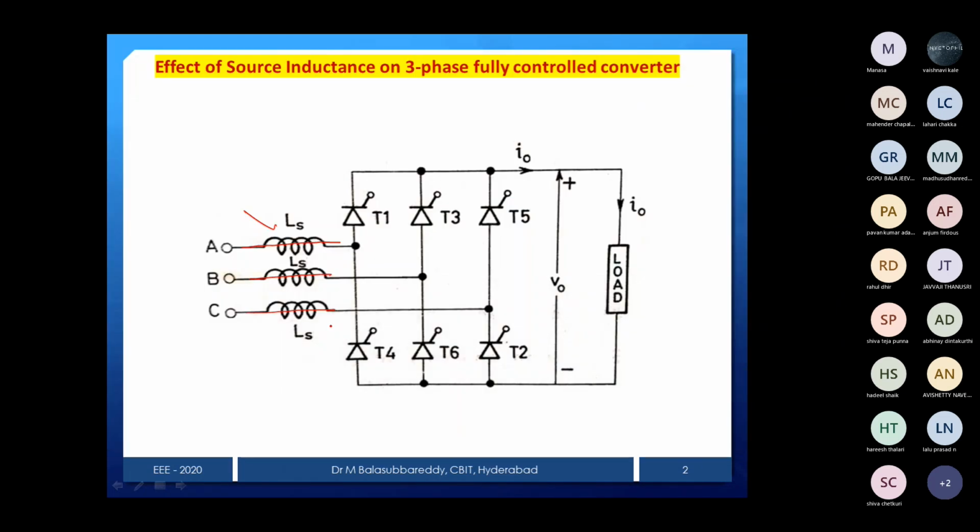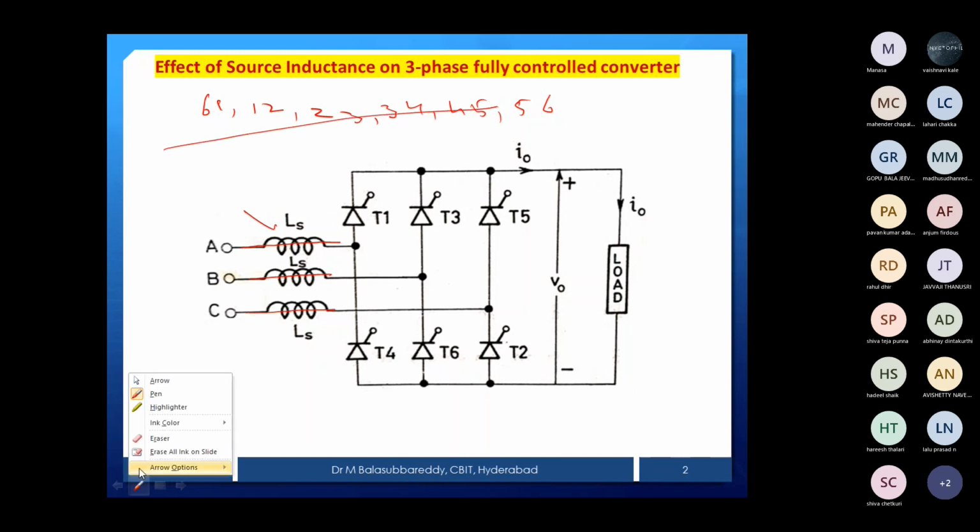Generally there is 6, 1, then 1, 2, or 1, 2 it will start based on alpha, and then 2, 3, 3, 4, 4, 5, 5, 6, then again 6, 1. So this is the normal order we represented in the previous lectures. This is the order of conduction.